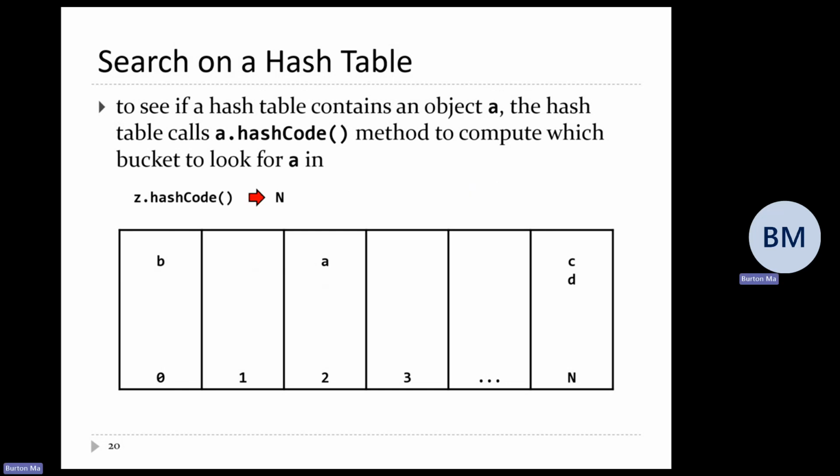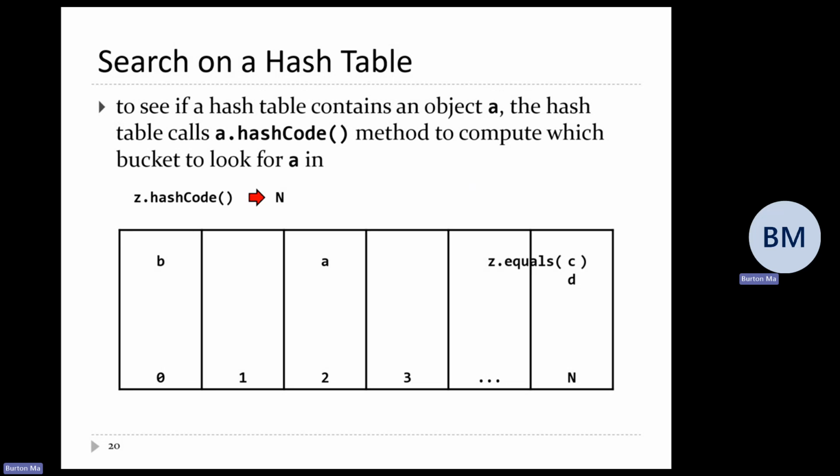So what happens if we take Z? The value of Z is different from A, B, C, or D, so it's not equal to any one of those. So we ask the hash table, do you contain the value Z? The hash table takes Z, calls hashCode on it, does something with the int, turns it into N. So now the hash table goes and looks at all of the items in bucket N. Is Z equal to C?